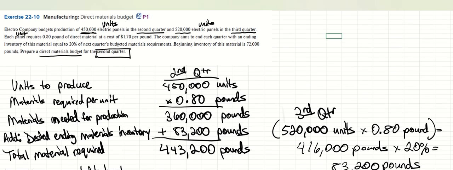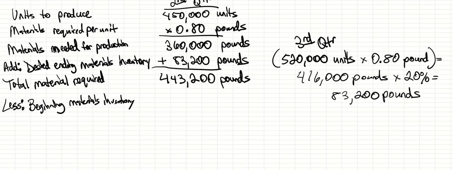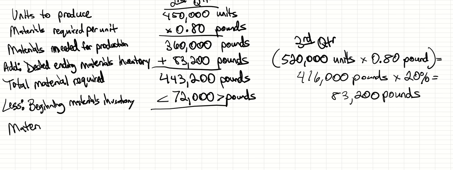In this case, they gave us the number of 72,000. We're going to subtract out 72,000 pounds. They already have that. And that gives us the materials that need to be purchased, in pounds, of 371,200.